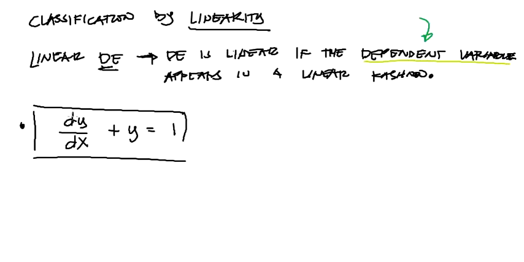So we have a derivative of y with respect to variable x, and this variable is called independent.